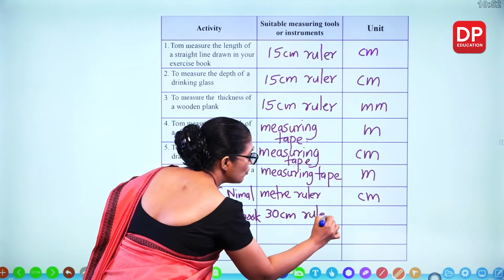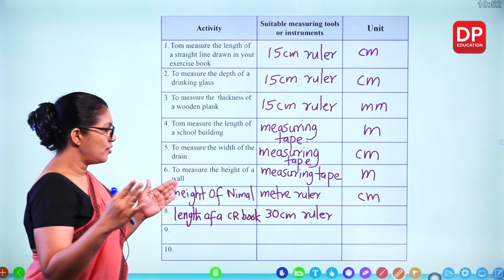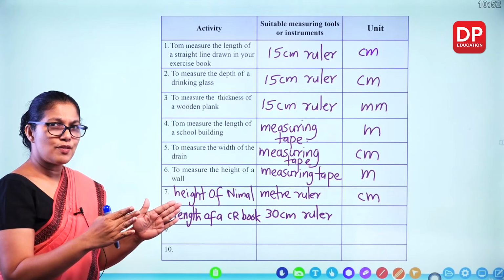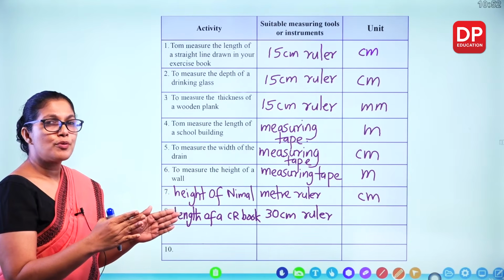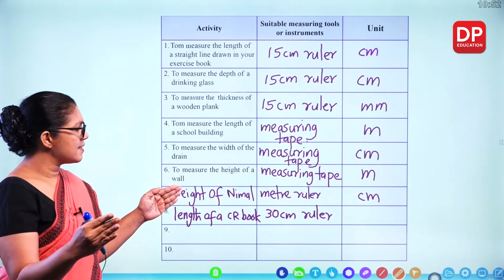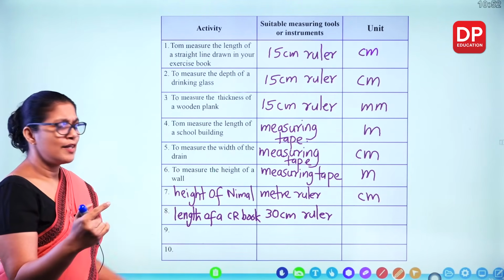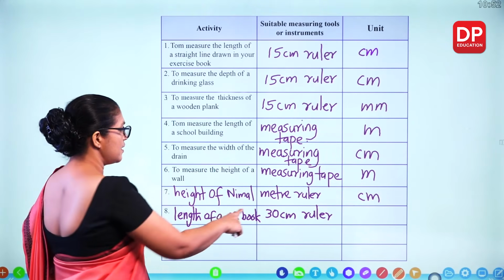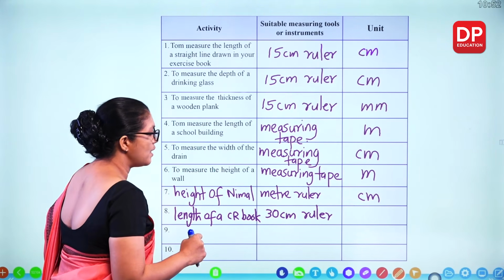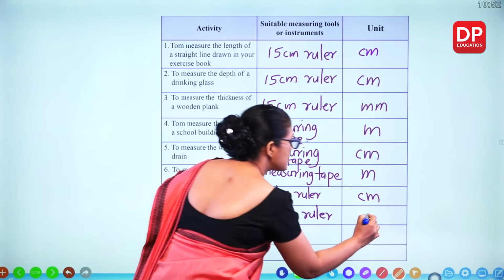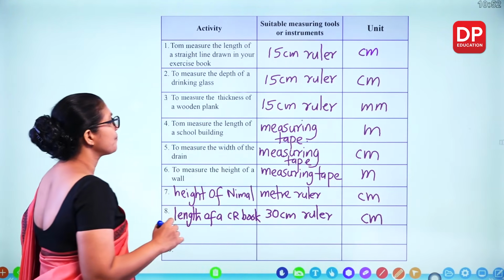That's enough. You can access a 15 centimeter ruler, that's a small ruler in your geometry set, and a 30 centimeter ruler also you take to schools. You can measure with a 30 centimeter ruler. So that is in centimeters.